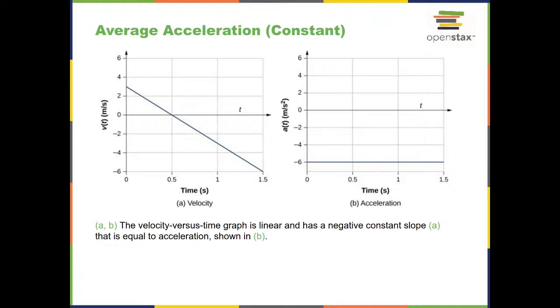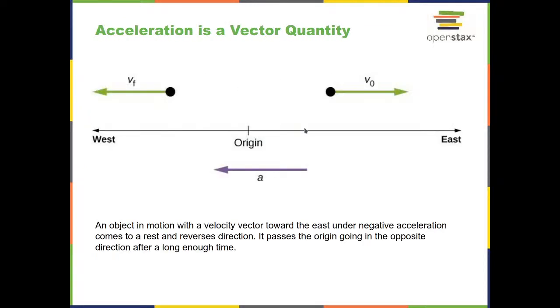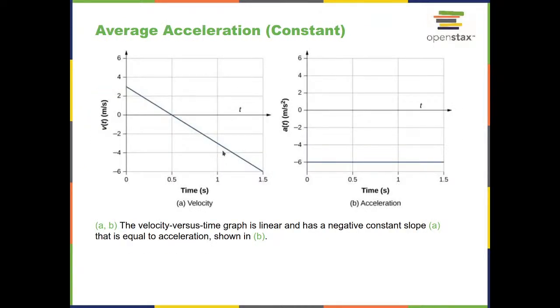So again, we can make graphs. Here we have our graph of velocity versus time. This is actually the same situation we just looked at, the exact same graph. So going from plus 3 to minus 3 over a time of 1 second, our change in velocity is minus 6 meters per second over an elapsed time of 1 second.